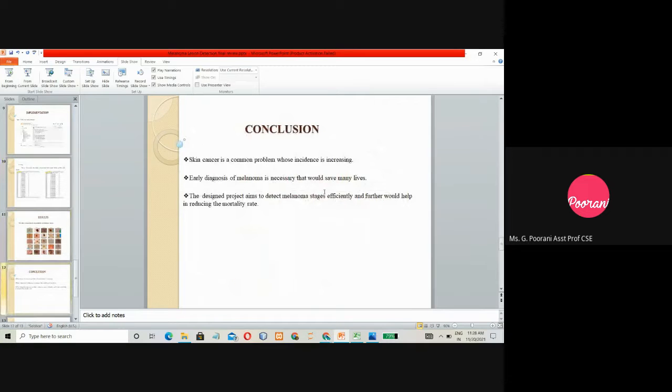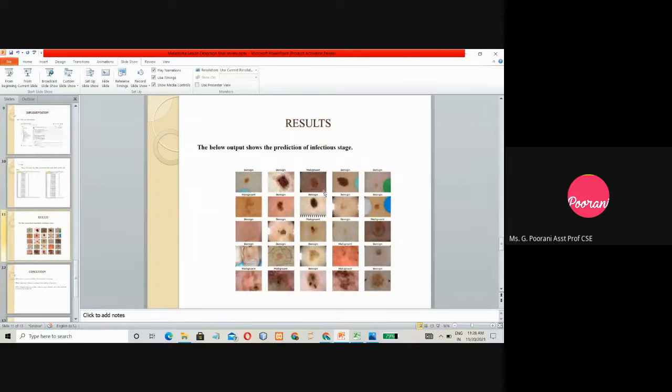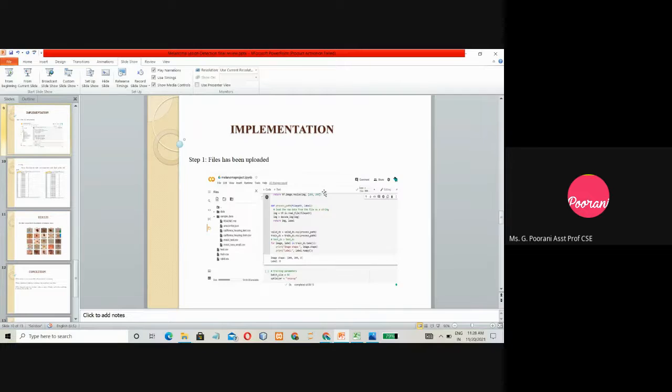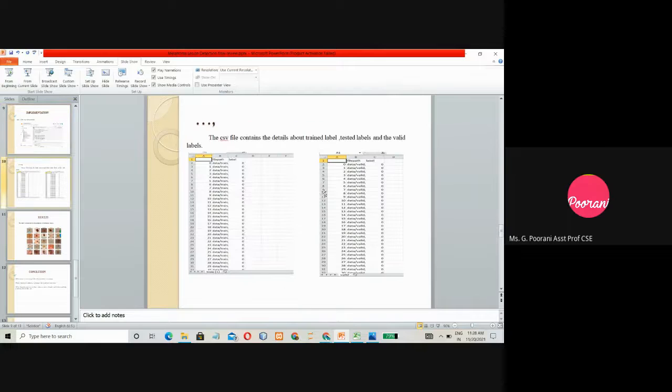See, this is not the right way to present it. Go to the previous slide. Here you have just written implementation alone. You have just taken a screenshot of your coding, and in the next slide, the CSV file, you have given some trained data.